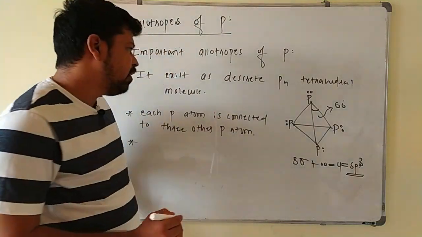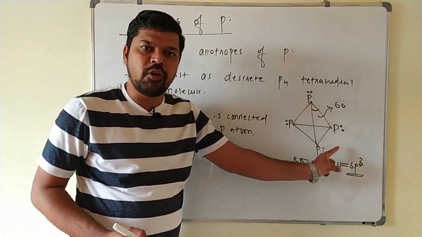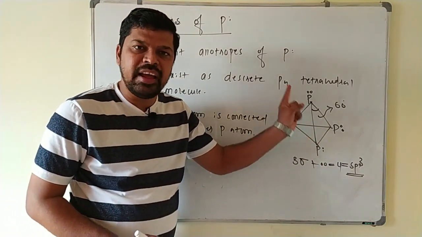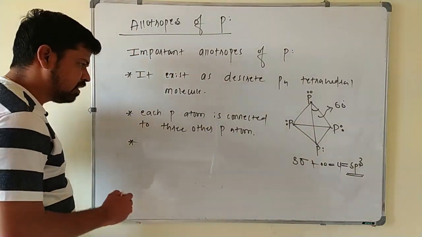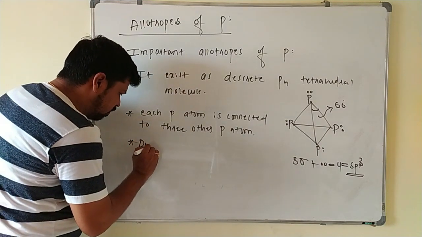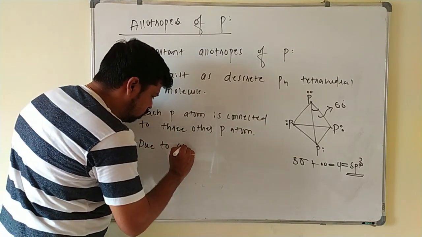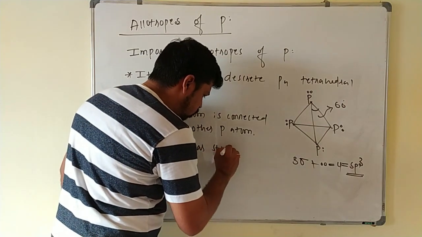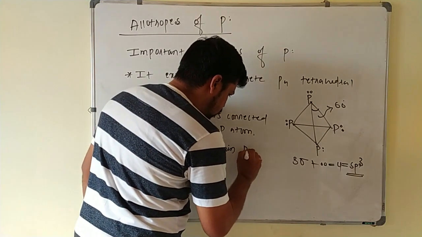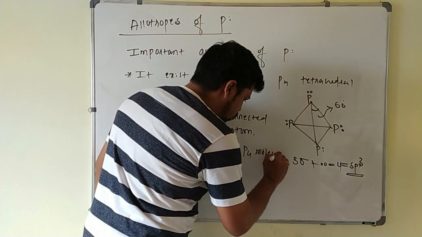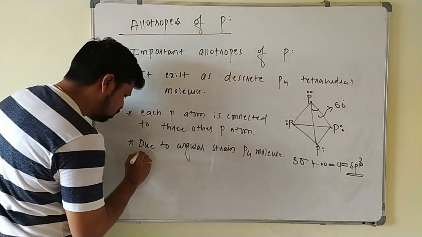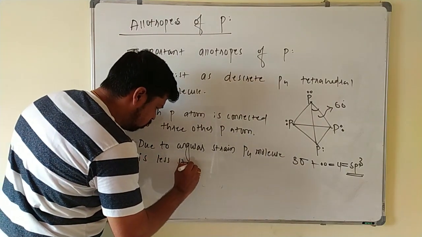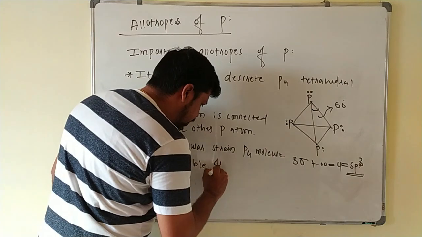The next point is what? Due to this angular strain, this P4 molecule is highly reactive and less stable, so it readily catches fire with air to give dense white fumes here. Due to angular strain, the P4 molecule is less stable and more reactive.